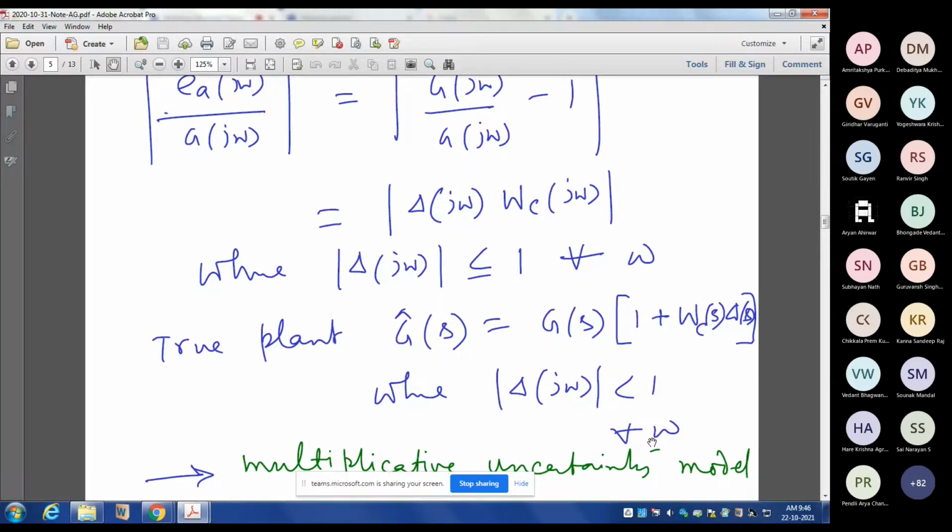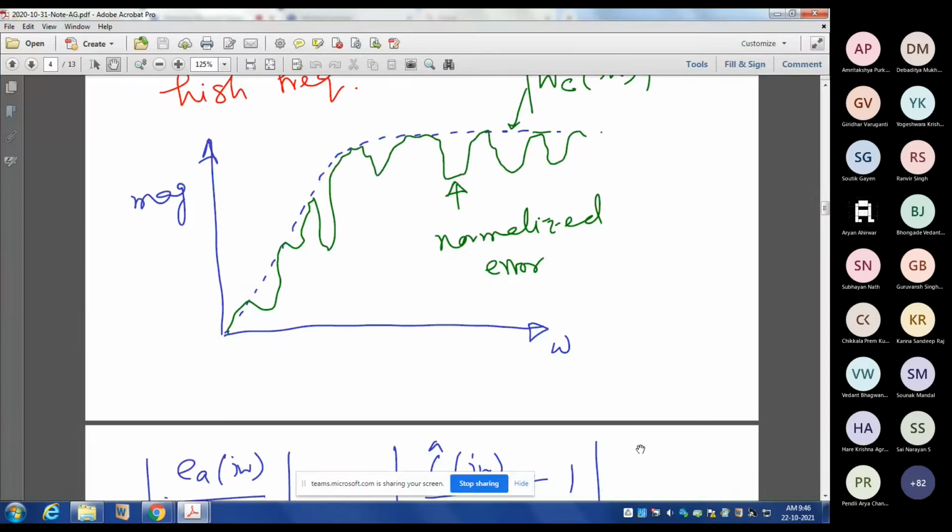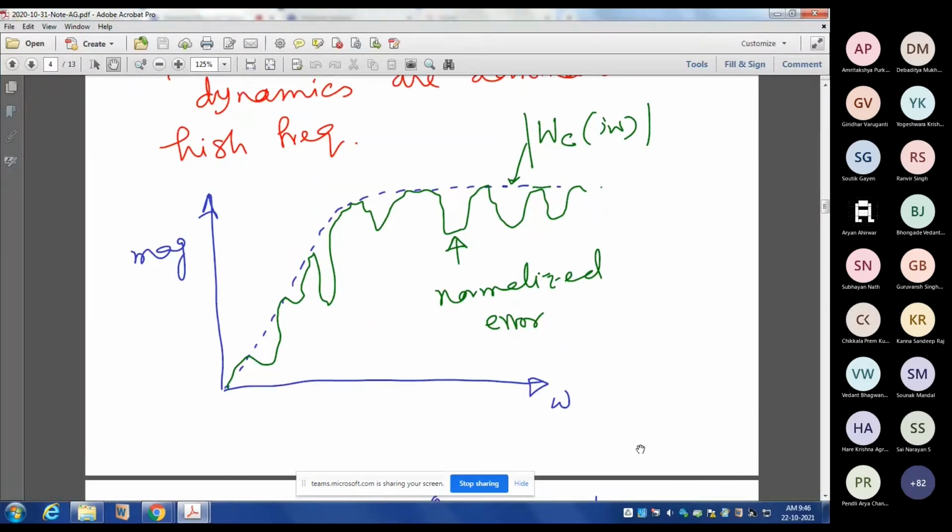That means if you have neglected dynamics or unmodeled dynamics, you should know the peak value of the uncertainty plot, the normalized error. You must know at least the normalized error frequency response.